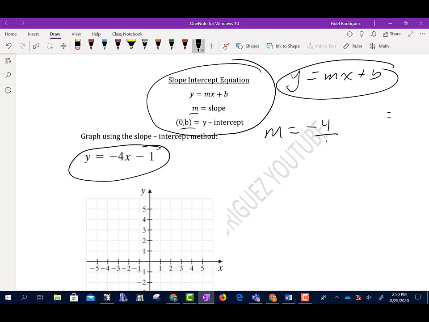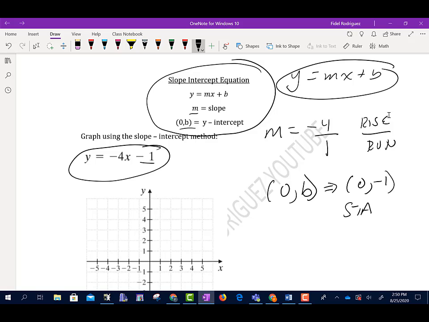But because I'm going to think about it as the rise over the run, I'm going to think about it as negative 4 over 1. My (0, b) in this case will be (0, negative 1). That's going to be my starting point.